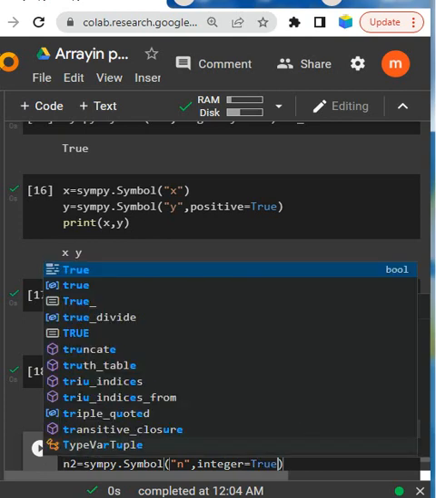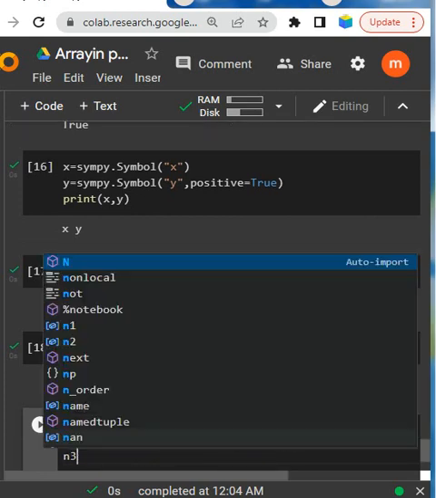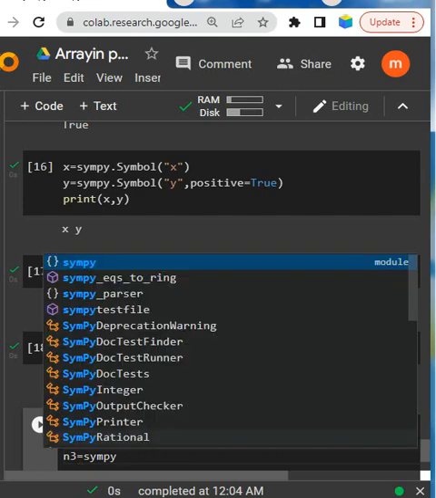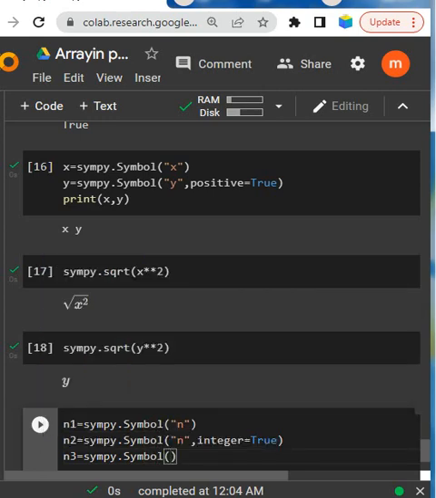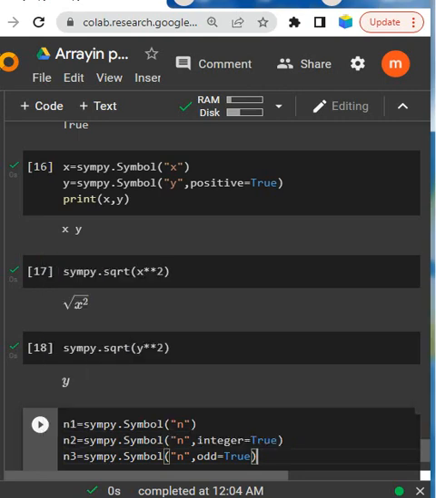And third we can also write here n3 will equal to sympy.Symbol n, and now odd will equal to 2. So there are 3 variables.